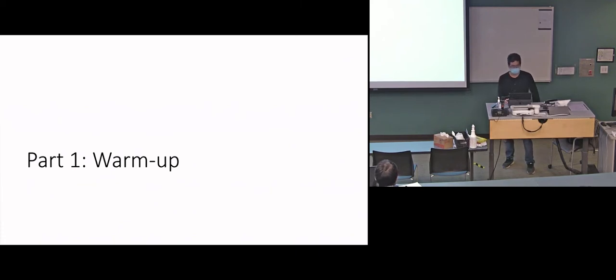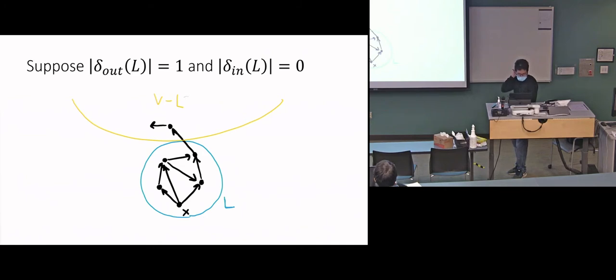As a warm-up, let me tell you a very simple case where I assume something super strong, but the algorithm is very simple. I'm going to generalize it to the general case soon. The simple case is this.